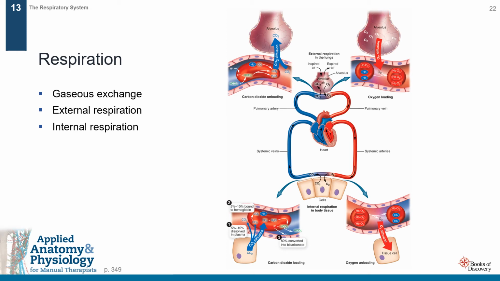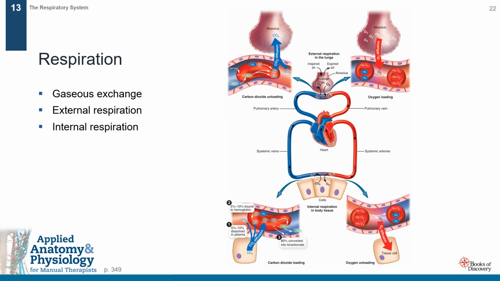The exchange of oxygen and carbon dioxide in the lungs is called external respiration because the air inside the lungs comes from the external environment. In normal circumstances, the concentration of oxygen inside the lungs is higher than the concentration inside the blood.